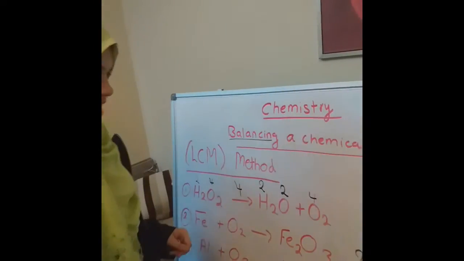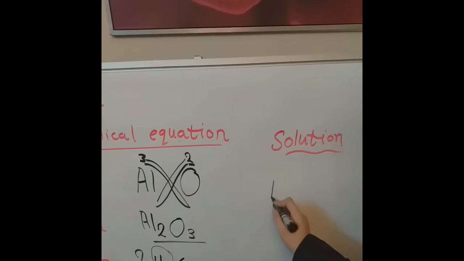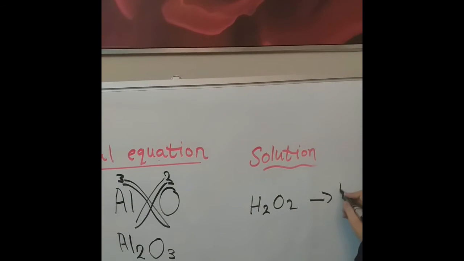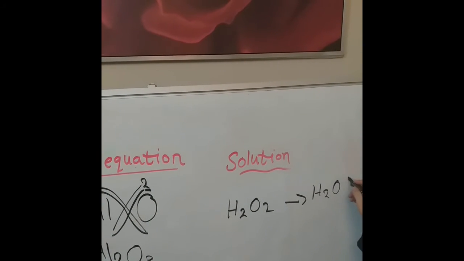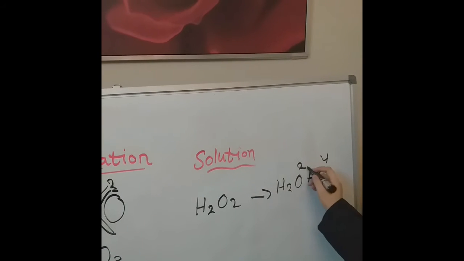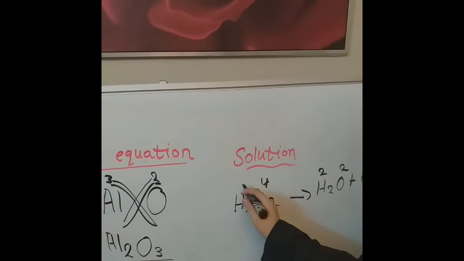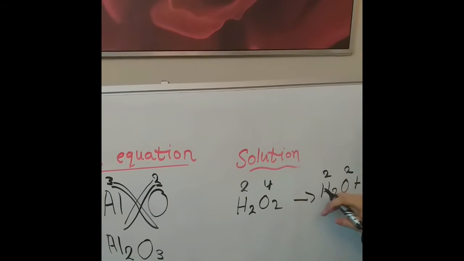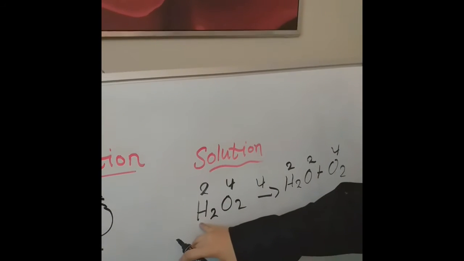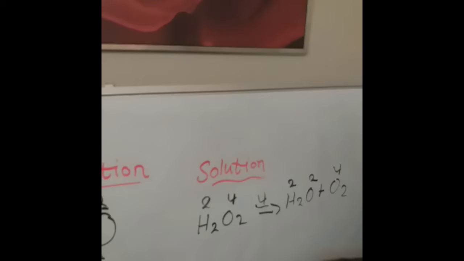So here we have H2O2 = H2O + O2, and we put here 4, here 2, here 2, here 4, and here 2. The LCM between them is 4. That means we will divide each element by 4.